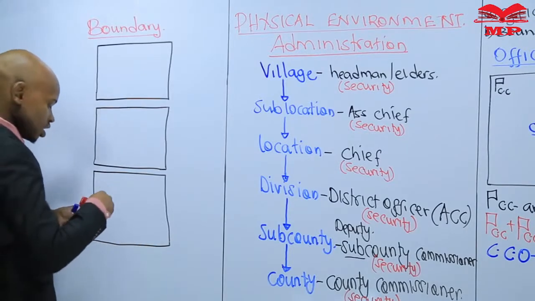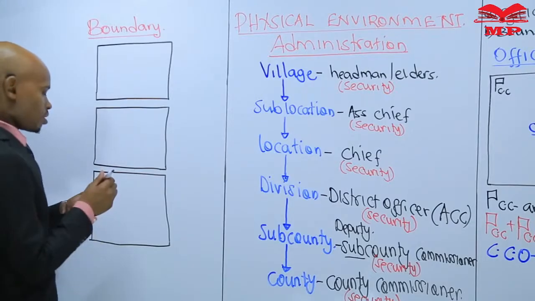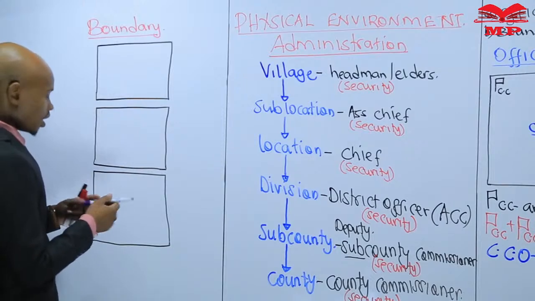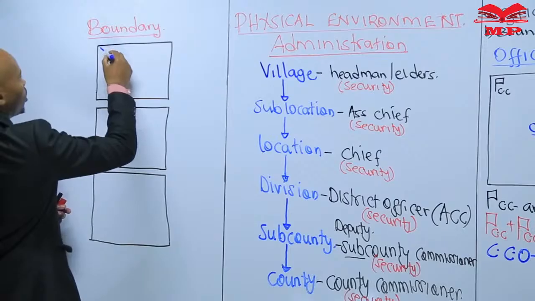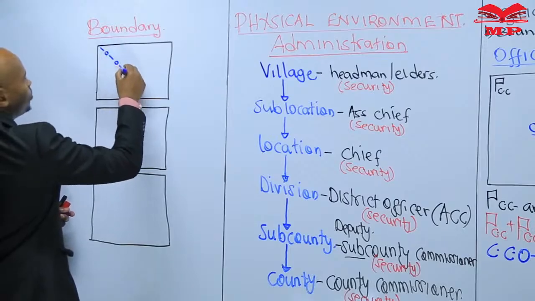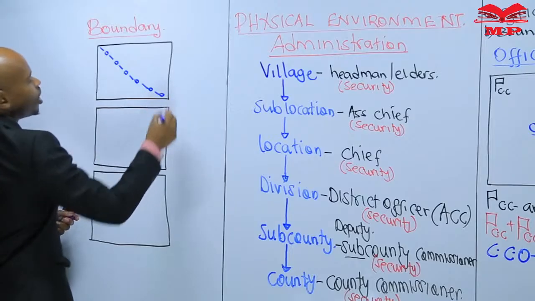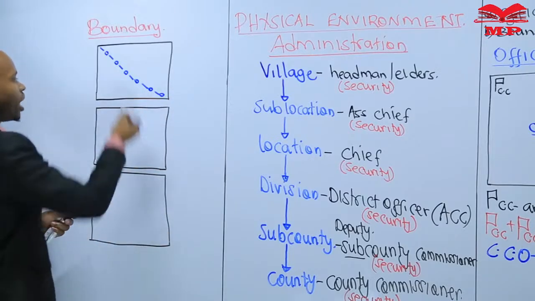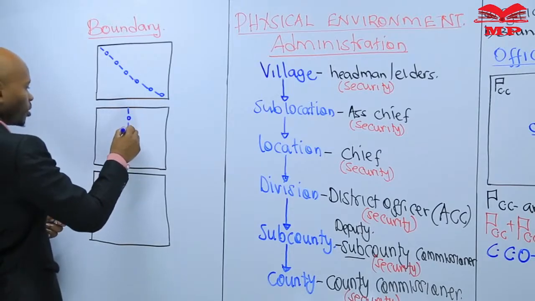A boundary to know who is in charge of the administration and also to know what that area is likely to be. Let us have a boundary there. It doesn't have to be one line of a boundary. It can be like this one, for instance.